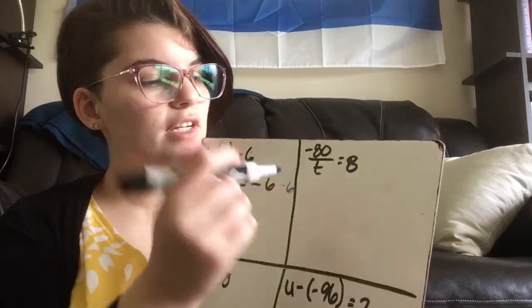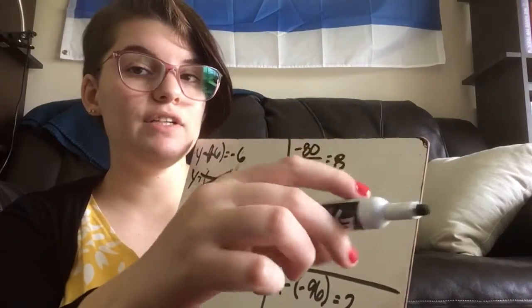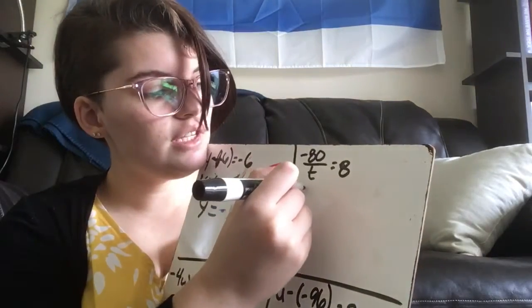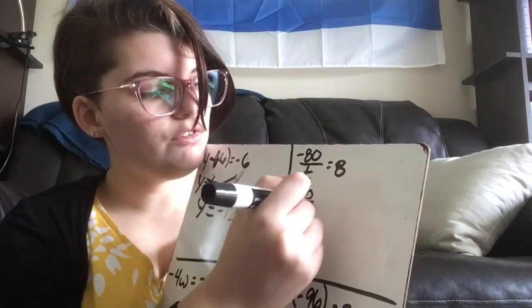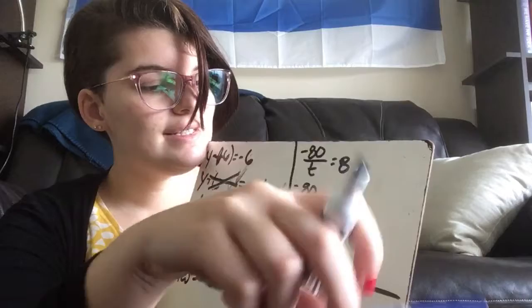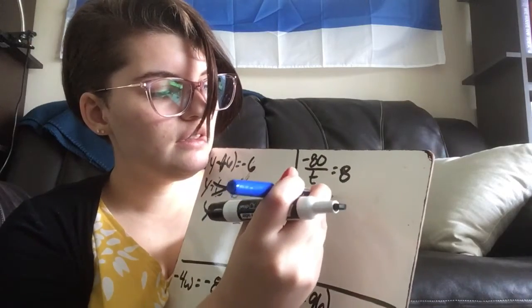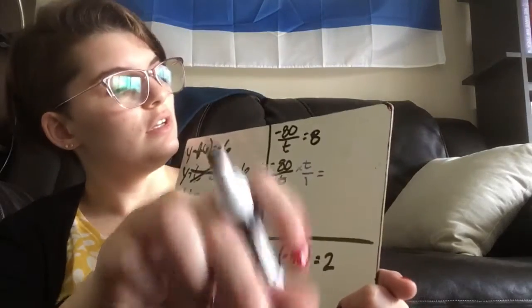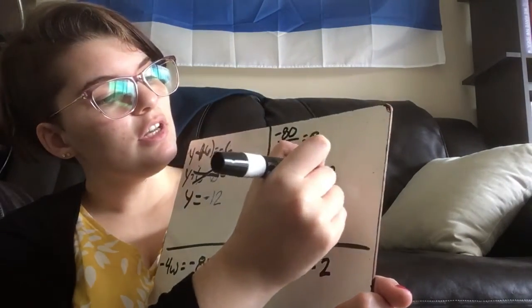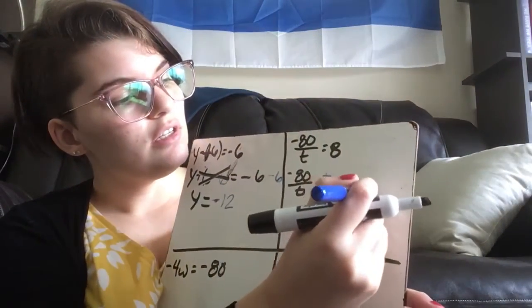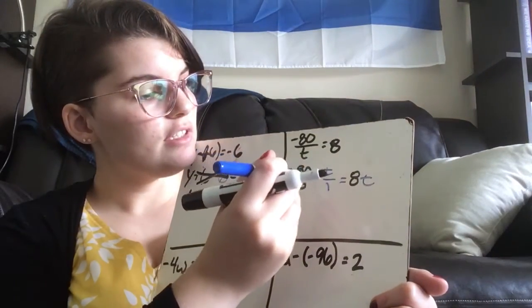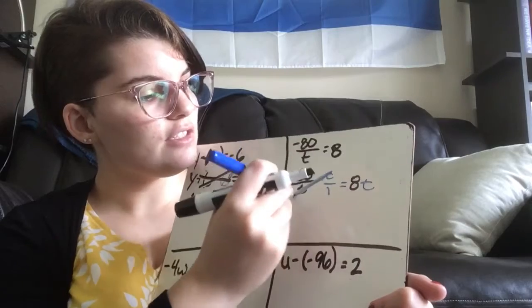So if this is division, the opposite of it is going to be multiplication. So I'm going to do negative 80 over t times t over 1 equals 8 times t, okay? So that means that these two cancel each other out.